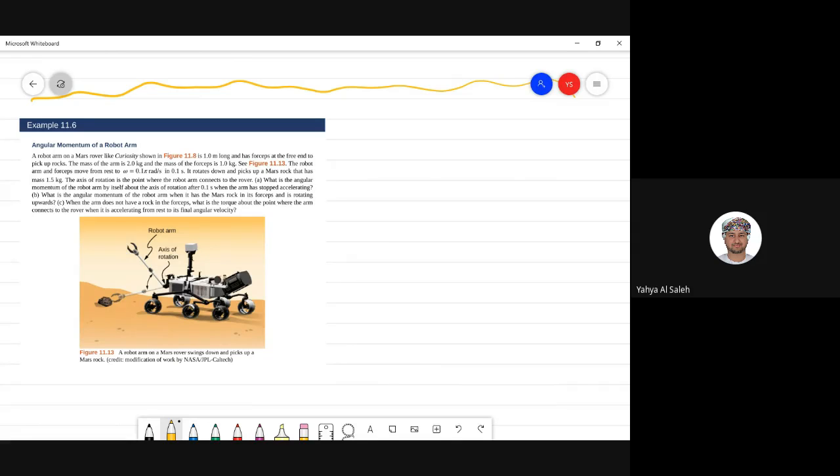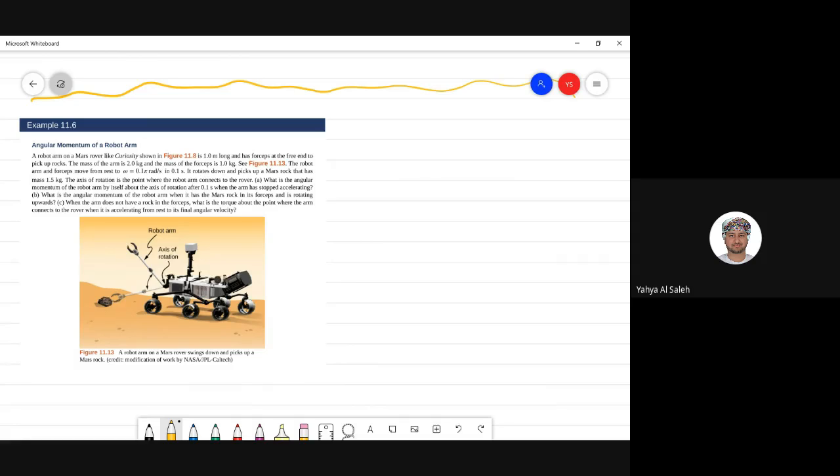The robot arm and forceps move from rest to omega equals 0.1 pi radians per second in 0.1 seconds. It rotates down and picks up a Mars rock that has mass 1.5 kg. The axis of rotation is the point where the robot arm connects to the rover.